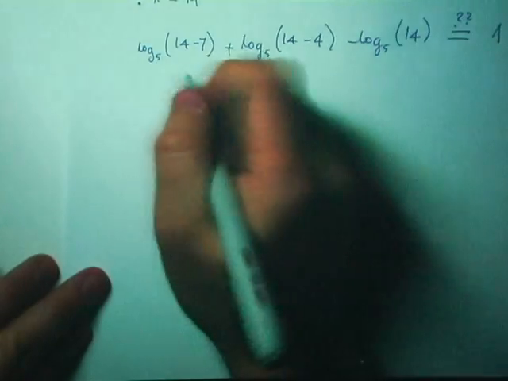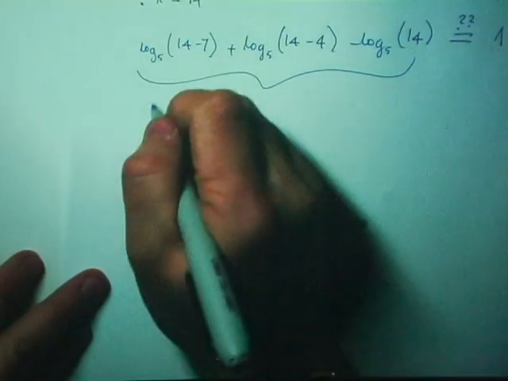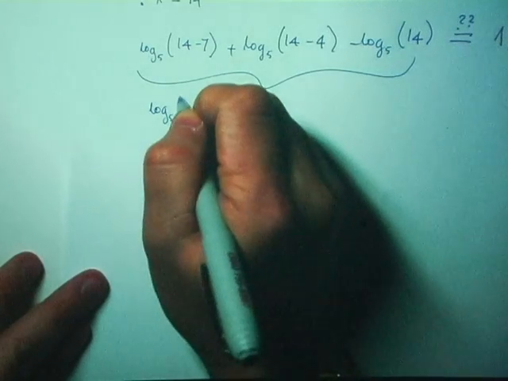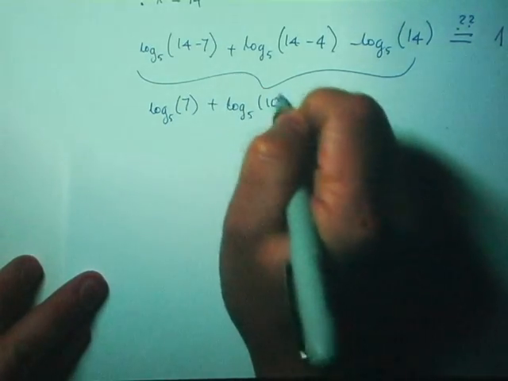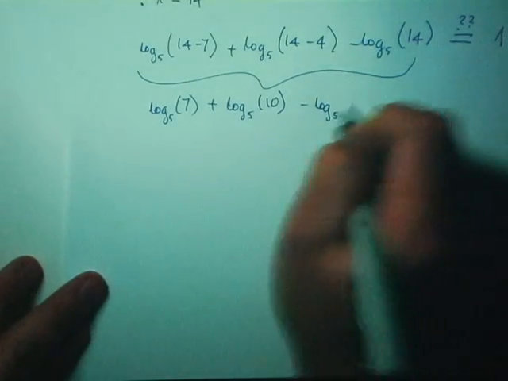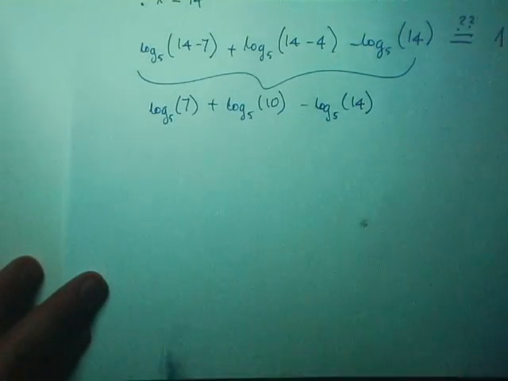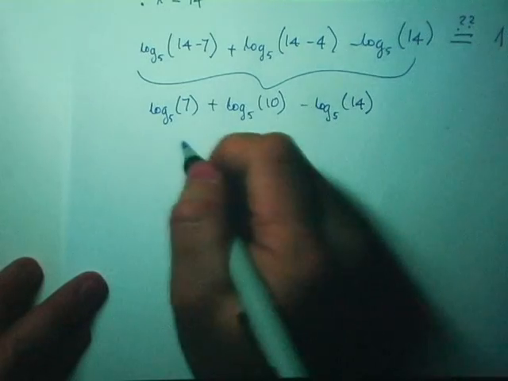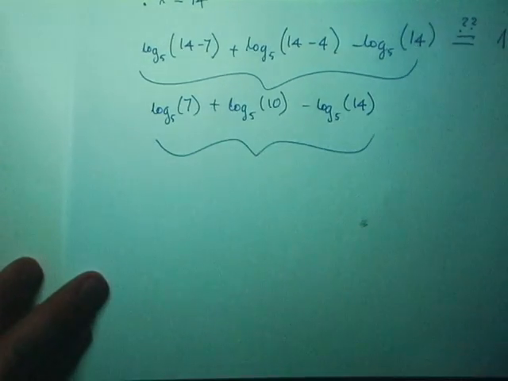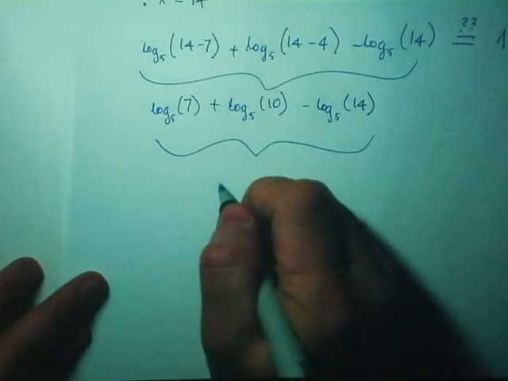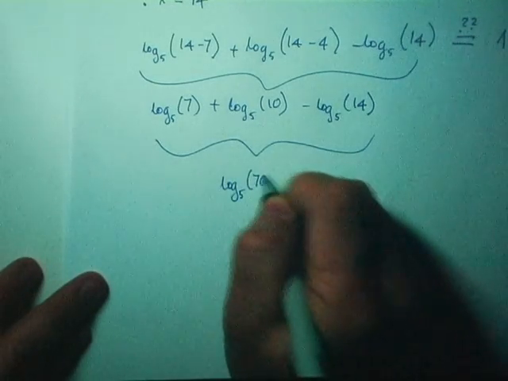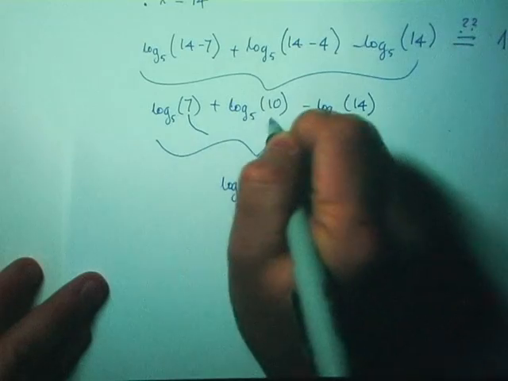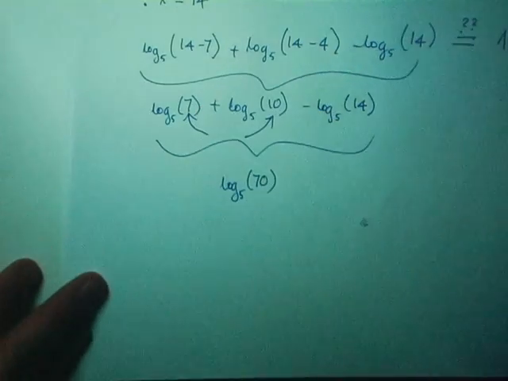So the left hand side can be log base 5 of 7 plus log base 5 of 10 minus log base 5 of 14. Picking it up a little further, that can become log base 5 of 70, because I can simply multiply the two numbers and put them into one log.